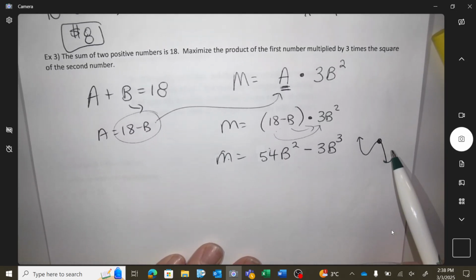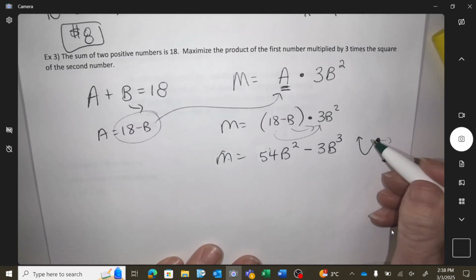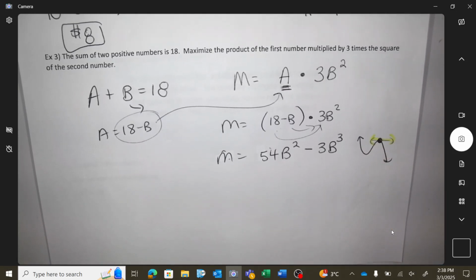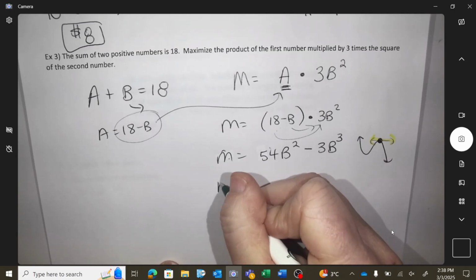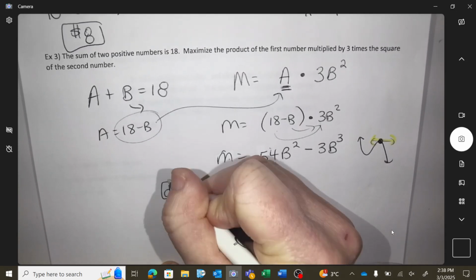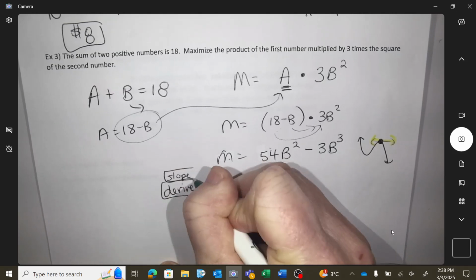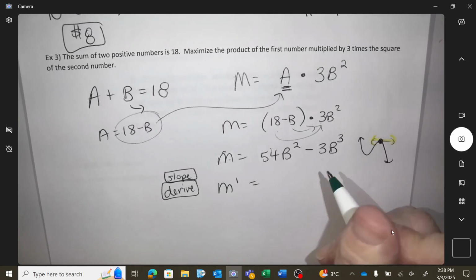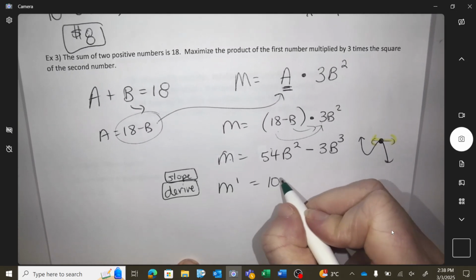So this is what I'm looking for, a maximum or a tangent line, right? Same idea, slope 0 for my tangent line idea. So my calculus work is I'm going to figure out the slope by deriving. So what is that, 108?